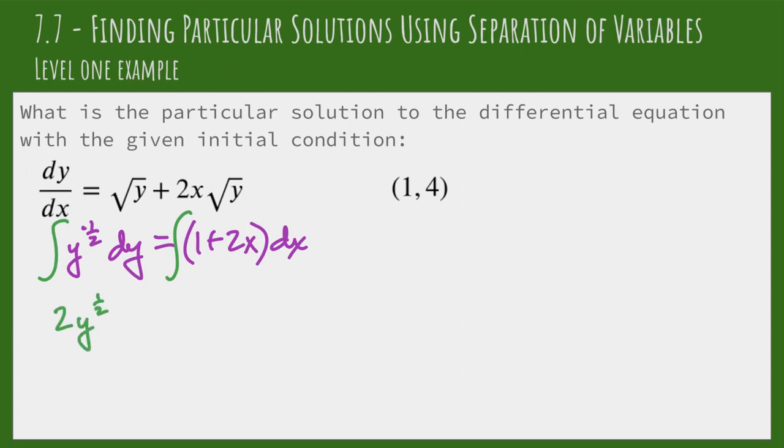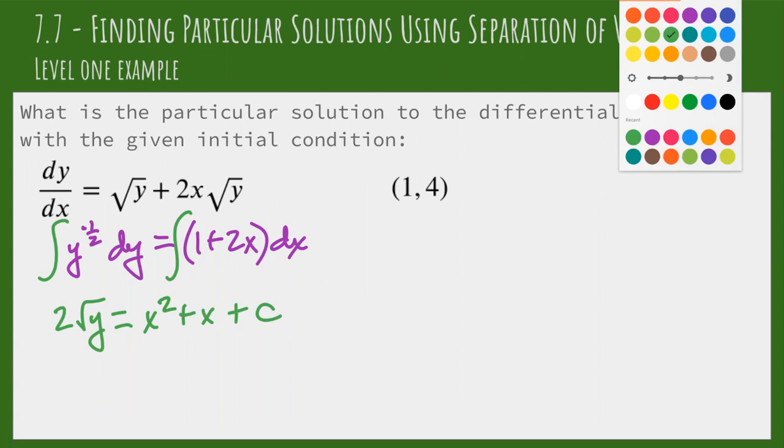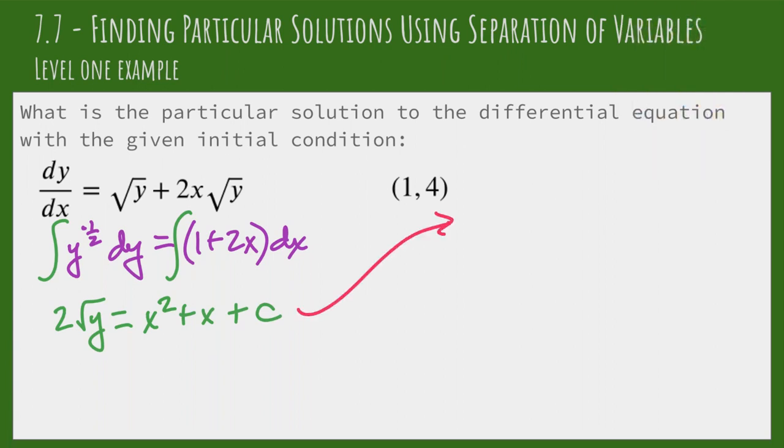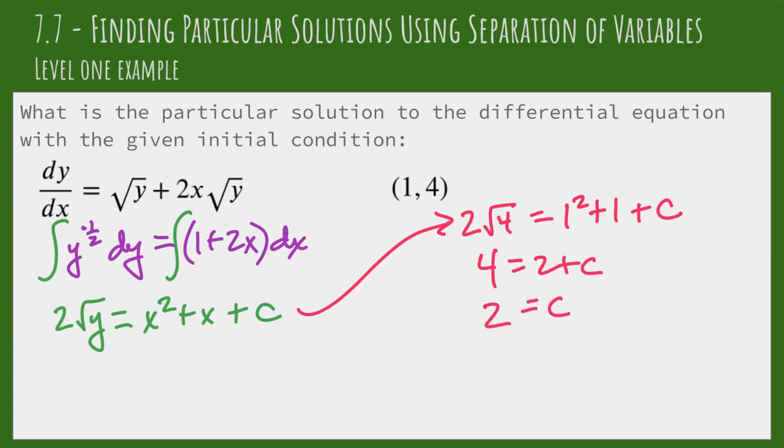So 2y to the 1/2, or 2 square root of y, is equal to x squared plus x plus c. So plugging in our initial condition, we're going to have 2 square root of 4 is equal to 1 squared plus 1 plus c. So we got 4 equals 2 plus c, c equals 2.